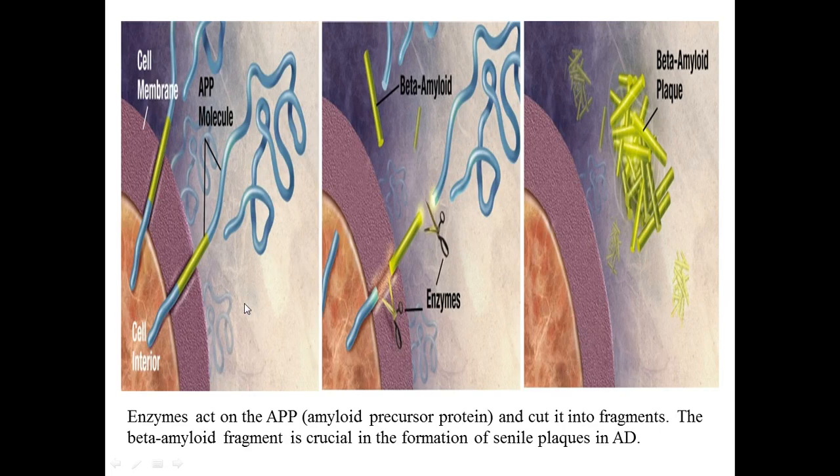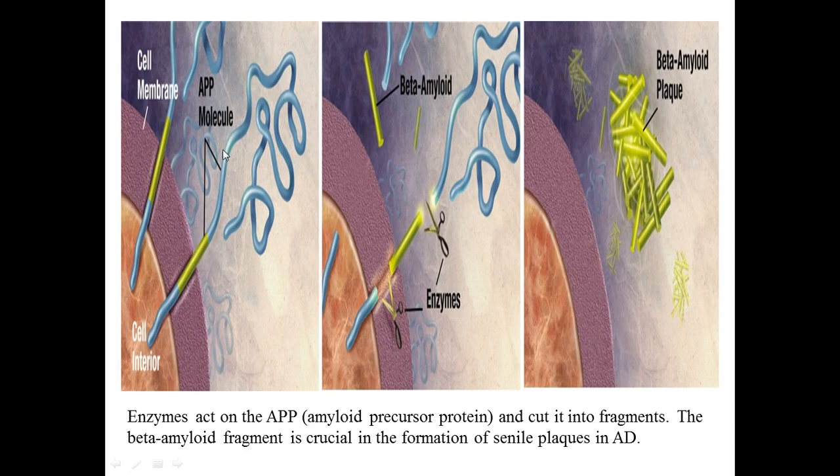Now, you all know that the amyloid precursor protein is a transmembrane protein in the neuron membrane. So, due to some unknown reasons, enzymatic activity, which is mainly proteolytic activity, takes place, which cleaves this APP molecule in the transmembrane of the neuron cell into small fragments.